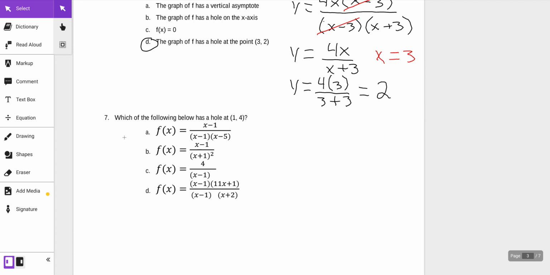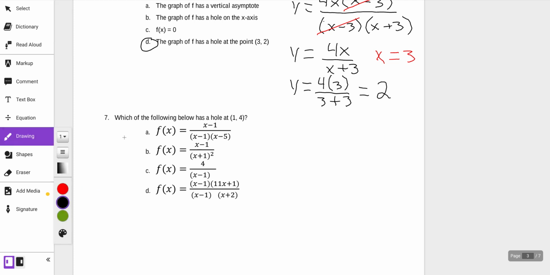Looking at number 7. Which of the following below has a hole at 1, 4? So this is pretty similar to the question above. A hole means you have to have the same binomial on the top and the bottom that's canceling out that would have caused you to divide by 0. So for instance, A would have a hole at 1 for sure, because there's an x minus 1, x minus 1.